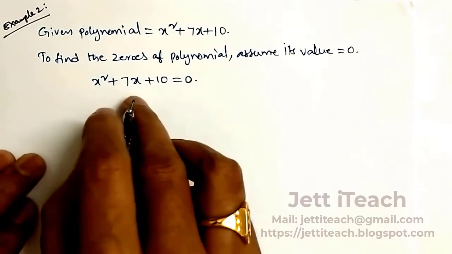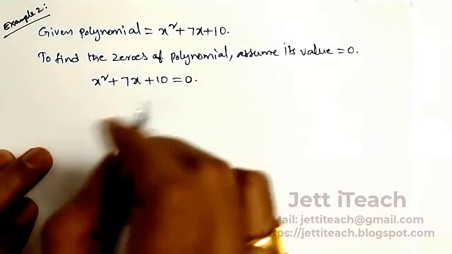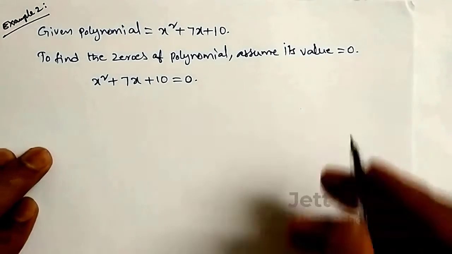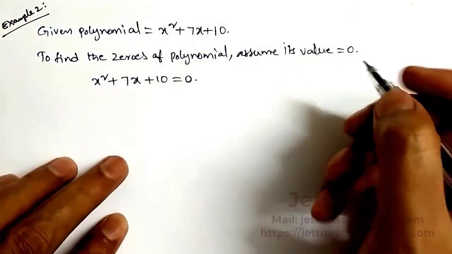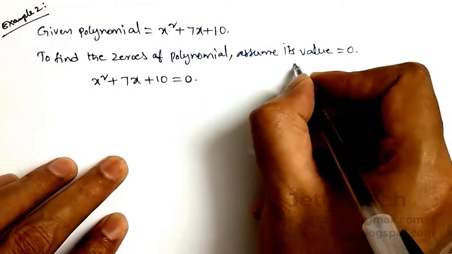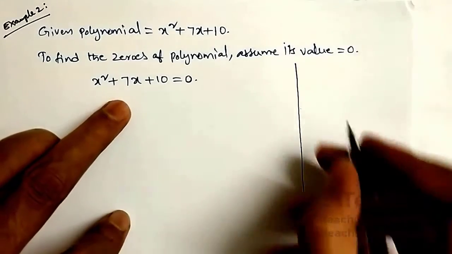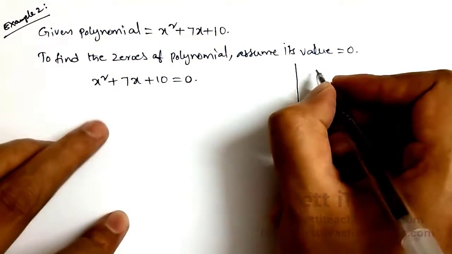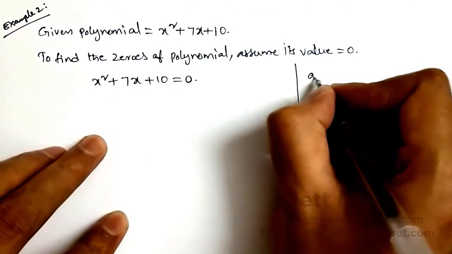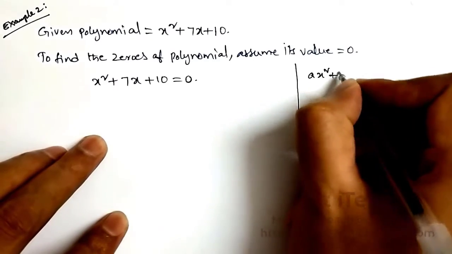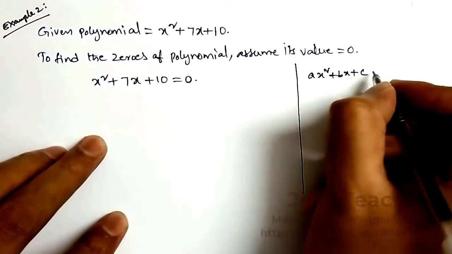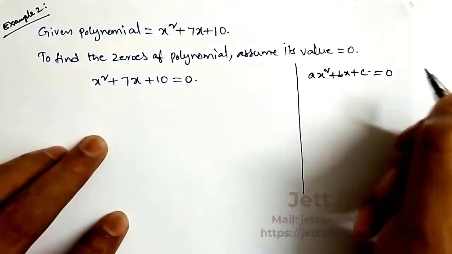So we need to write 7x as factors. It is in the form of ax square plus bx plus c equal to 0.